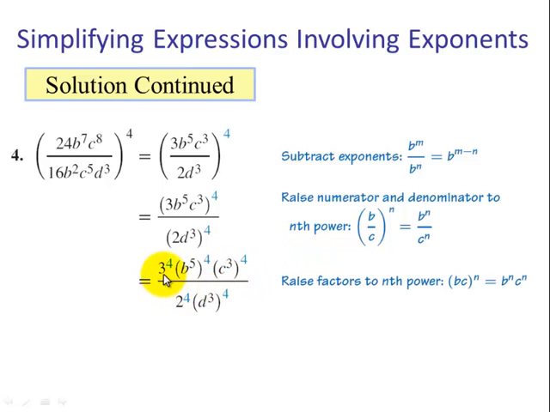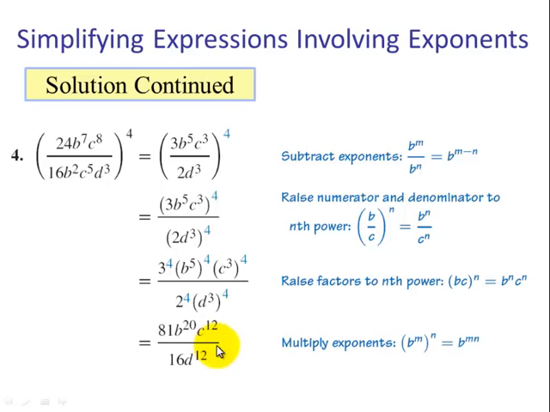Simplifying, we have 3 to the 4th, b to the 20th, c to the 12th, over 2 to the 4th, d to the 12th. 3 to the 4th is 81, b to the 20th, c to the 12th, all divided by 16, which is 2 to the 4th, times d to the 12th.